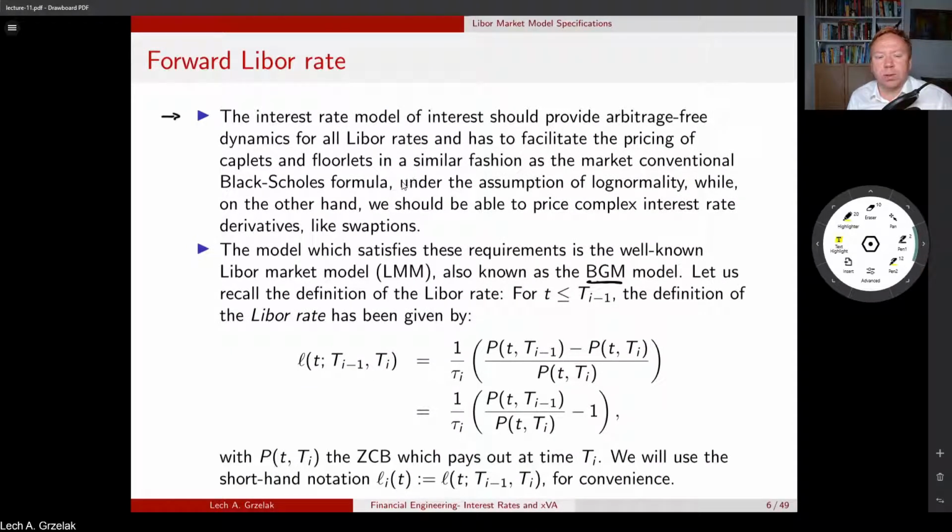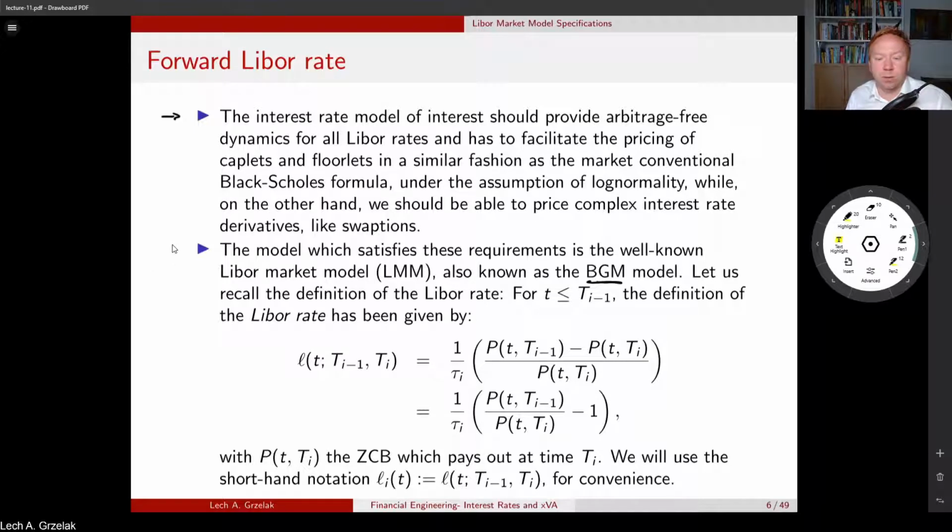But what is important here is that the market convention in the case of Libors, caplets, floorlets, was using the Black-Scholes formula. That is a market convention. So of course, the new framework has to collapse to this basic fundamental block.